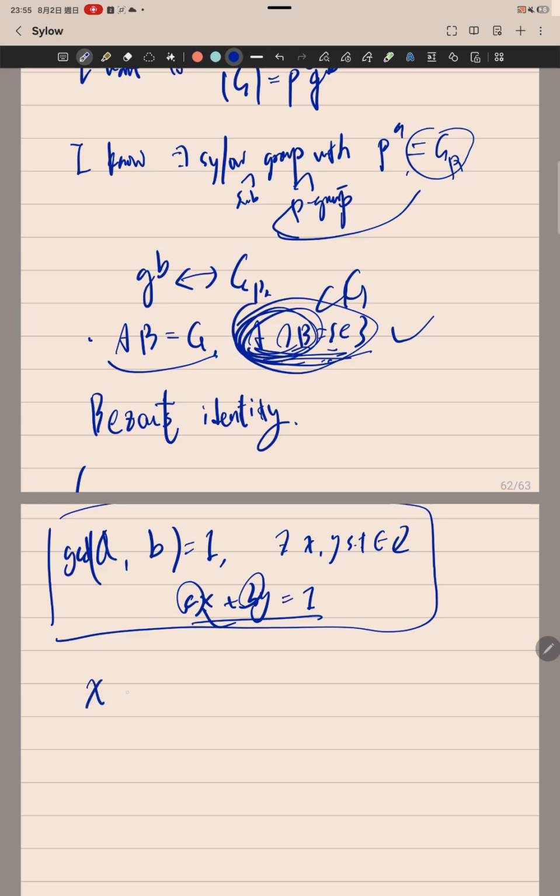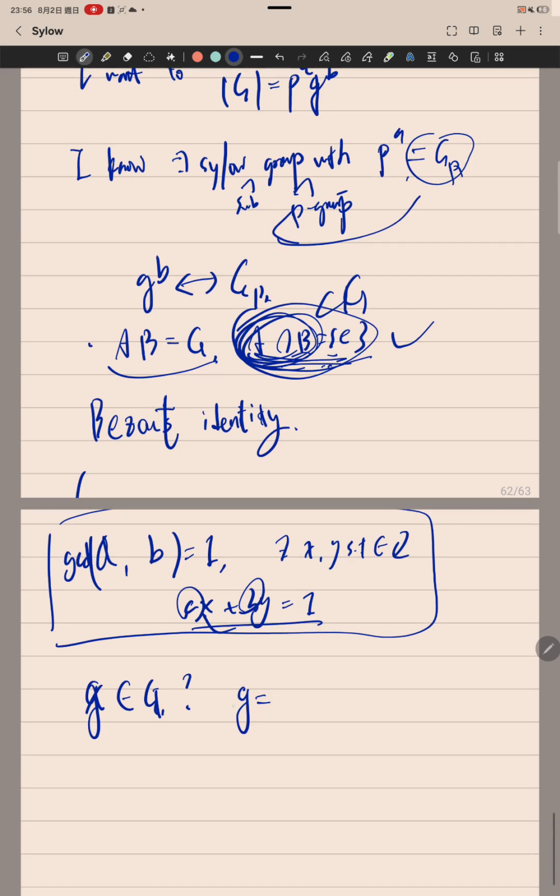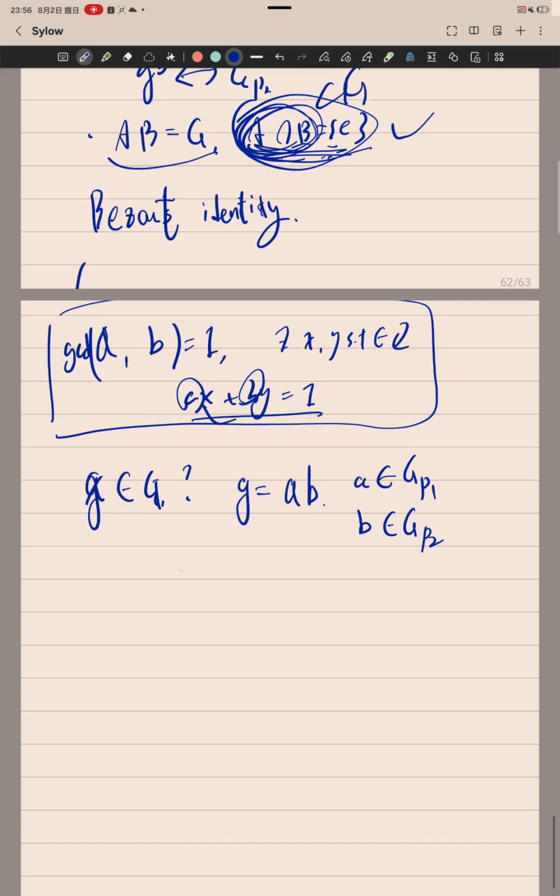Now I take an element g in G. And I want to say that g can be written as a times b, where a belongs to GP1 and b belongs to GP2, because G is abelian, right?